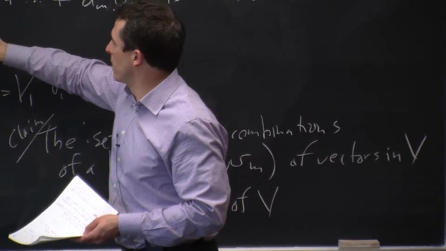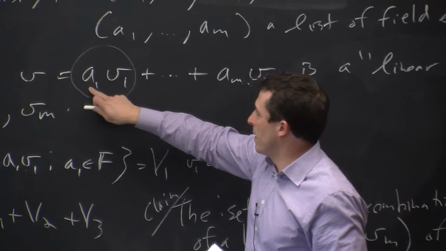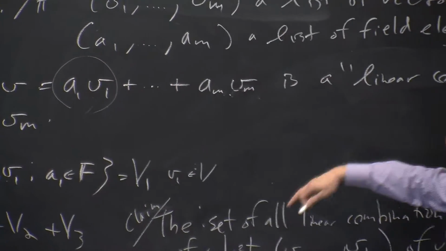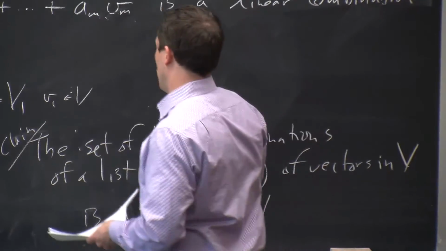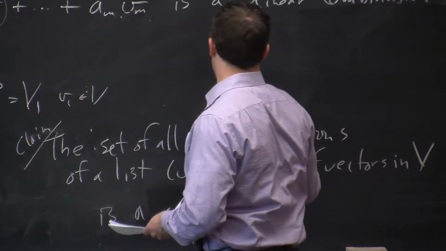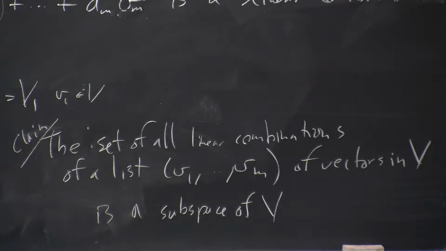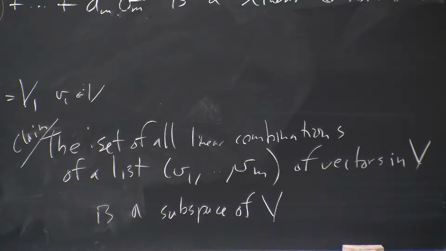And we know that each of these things, when I vary a, is a subspace. Right? And since it's a subspace, it has the same scalar multiplication, the same addition, and so on.